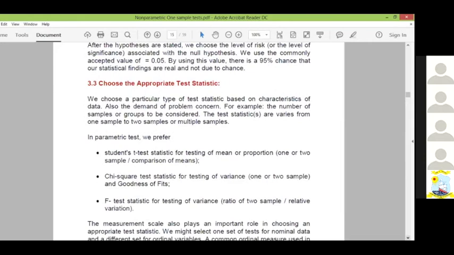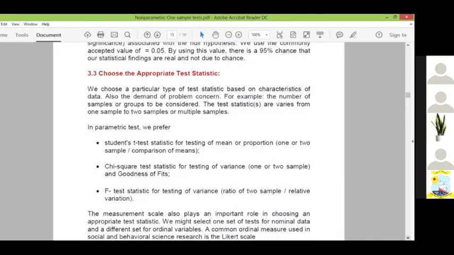In a parametric test, we prefer the student t-test statistic for testing of mean or proportion, one or two sample comparison of means, then the chi-square test statistic for testing of variance, one or two sample and goodness of fit, and the F-test statistic for testing the variance, a ratio of two sample variances or relative variation.